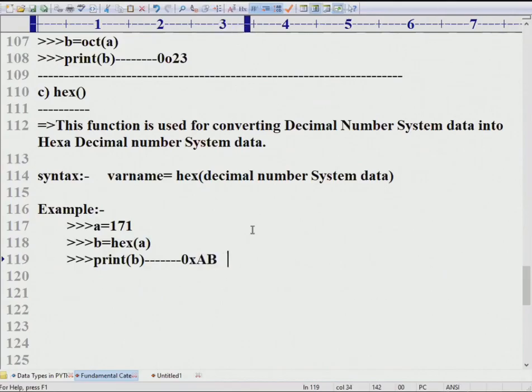You may get either capital AB or small ab, no problem. You will get the output 0x ab.